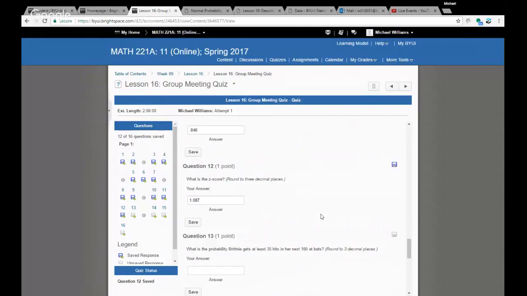Well, but here's the thing, though. So our z-score is 1.087, right? So we're saying at least 35 hits. So we're looking at 35 hits and above. And 35 hits, that's a good point. So that point should be everything to the right then. Yes. Yeah.